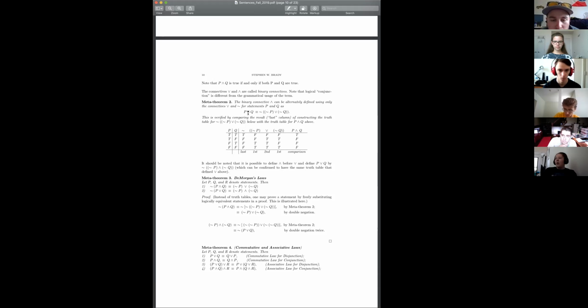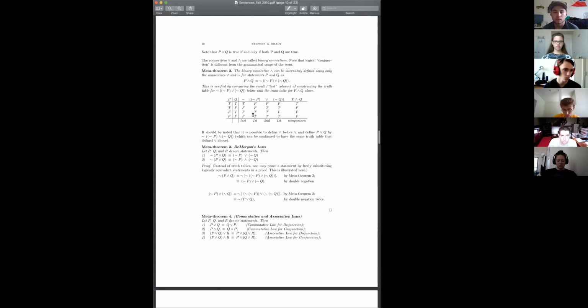And that says we do not distinguish between these two things. So if somebody says this complicated thing to you and they know what they're doing, they're actually just saying P and Q. Okay? So one of the things we try to do in math is simplify statements so that they're easier to understand without changing their meaning.